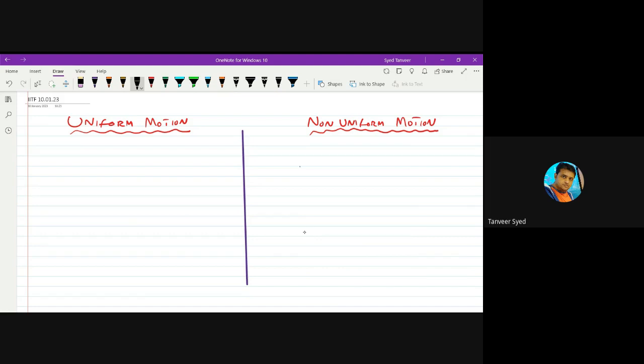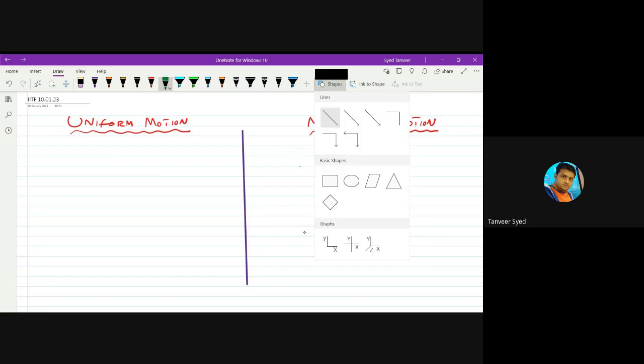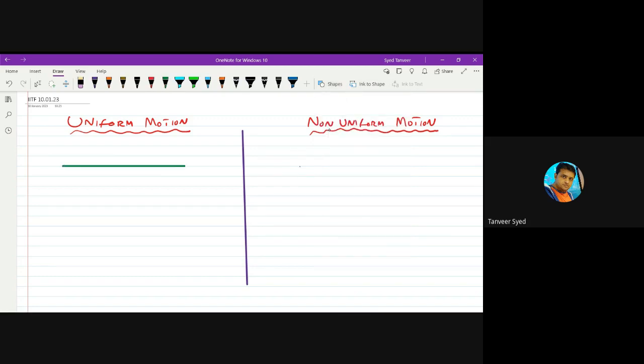Okay. Uniform motion is, suppose a body is moving like this. It starts at time t equal to 0 second here, and 1 second, 2 second, 3 second, 4 second, 5 second.